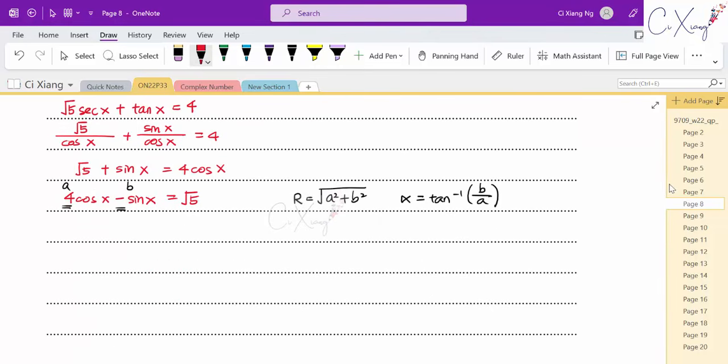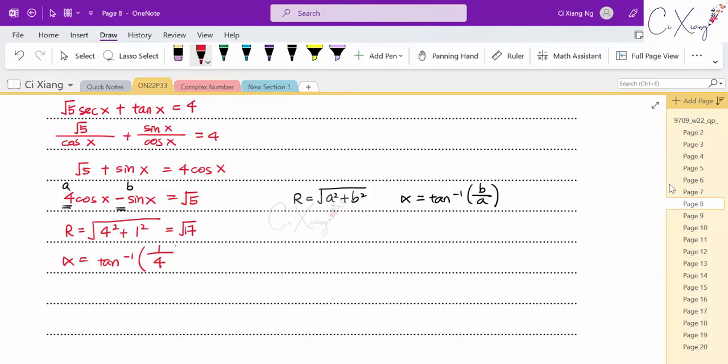So we can start to calculate R. R equals the square root of a squared plus b squared, which is 4 squared plus 1 squared, or negative 1 squared. By right, we should have square root 17 for R. And then alpha is tangent inverse of b over a, which is tangent inverse of 1 over 4.